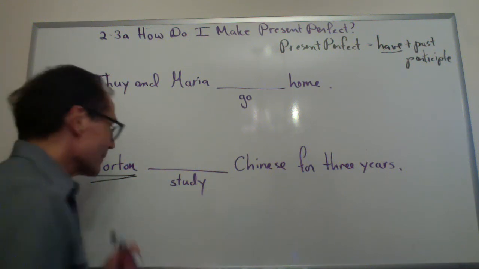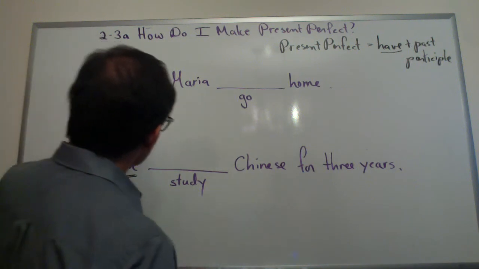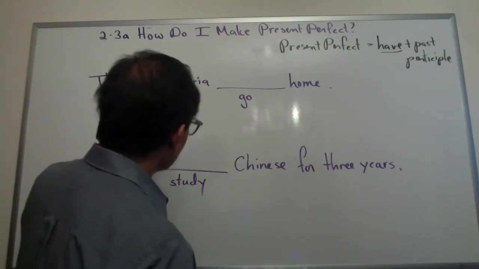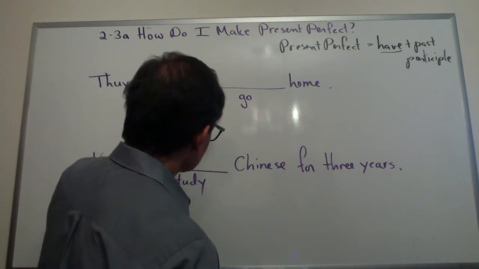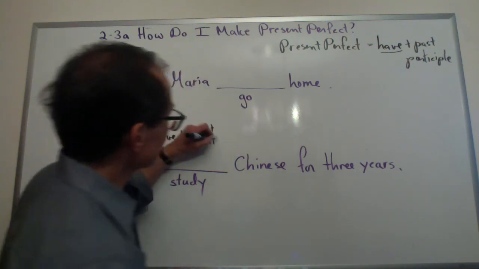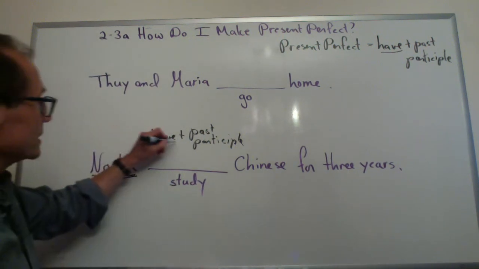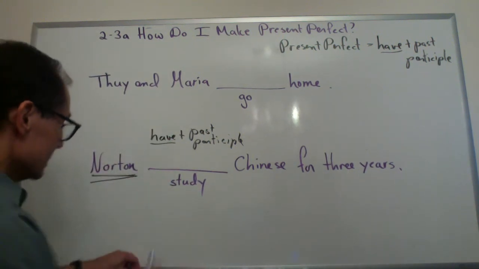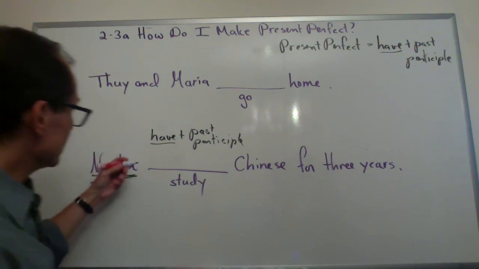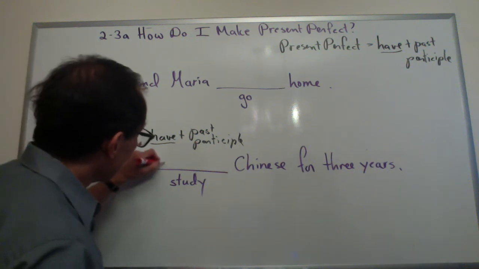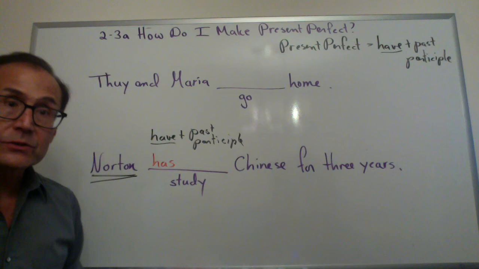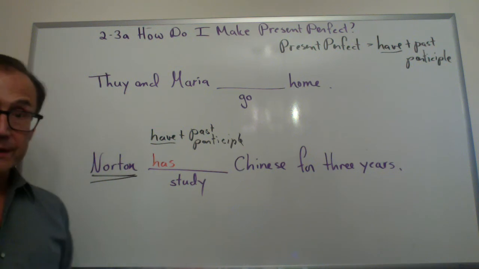Okay. So I'm going to use have plus past participle, because that is the way that I write present perfect. For Norton, the form of have that I will need to use will be has, because Norton is a he, a she, or an it.